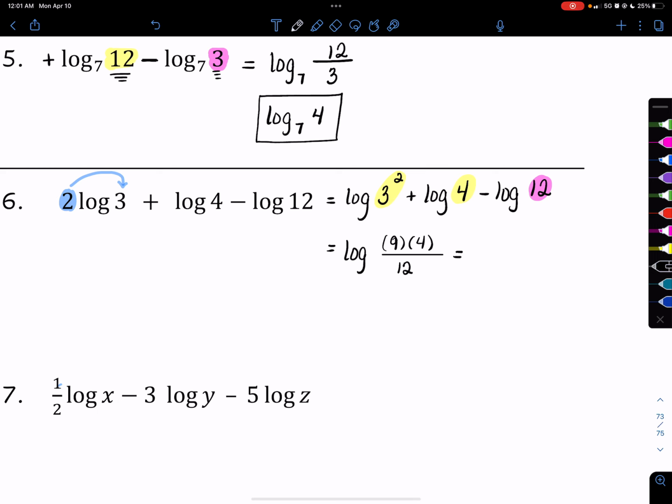When I simplify this, I have log base 10 of 36 over 12. And 36 divided by 12 is 3. So then I have log base 10 of 3.